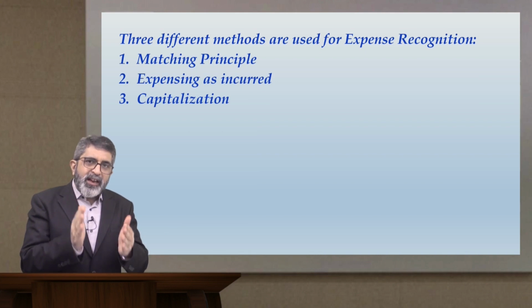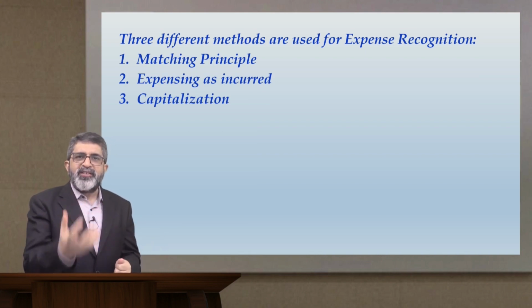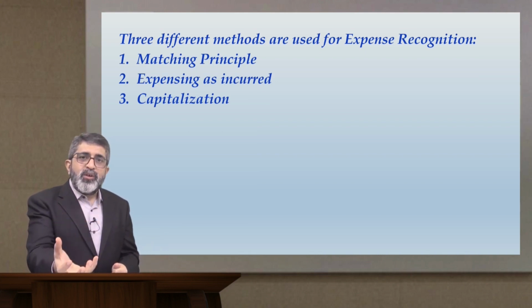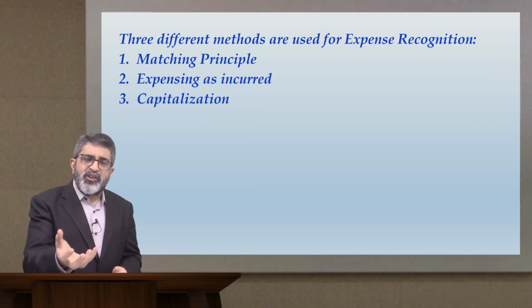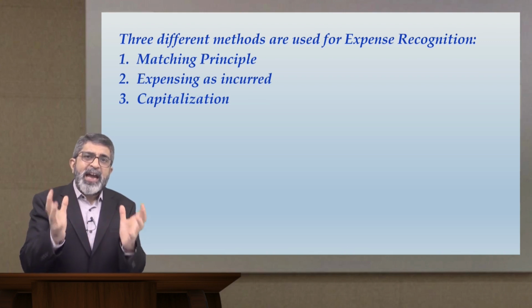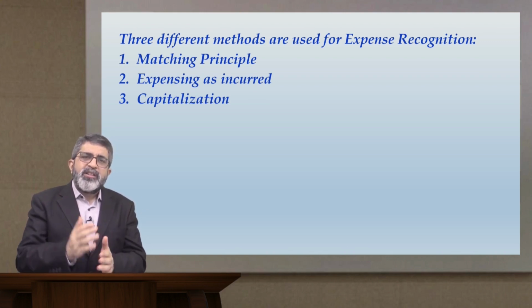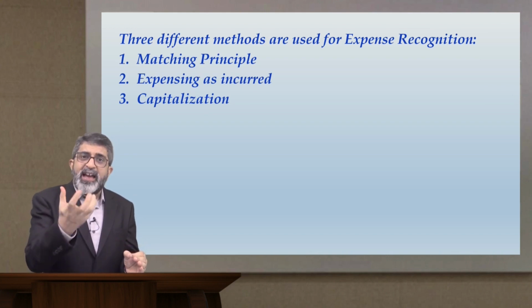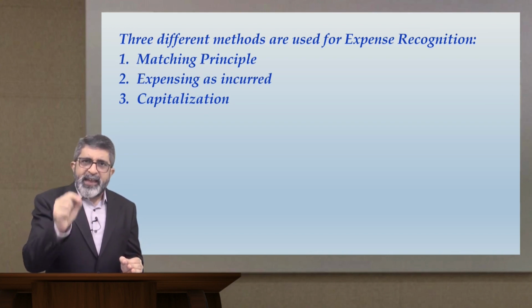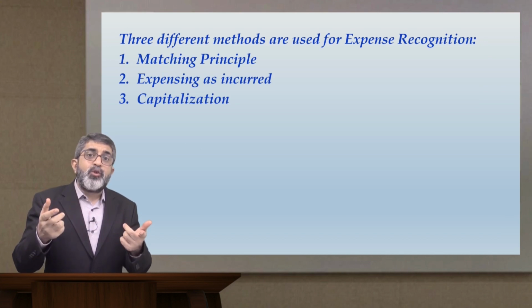And when there is a capital expenditure, what results is a capitalized value of that expenditure, and the process to arrive at that capitalized value is called capitalization. In other words, you have created an asset. So when you incur an expense, where does it go?